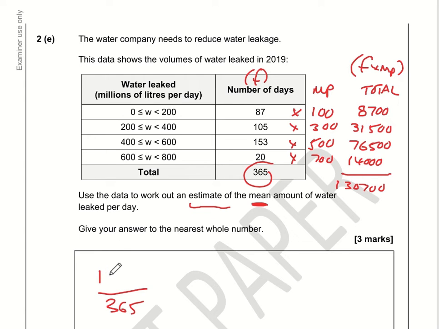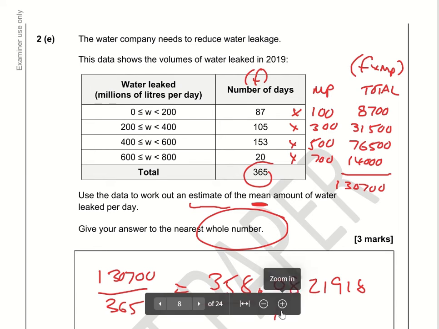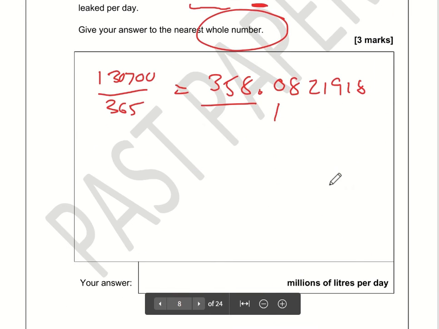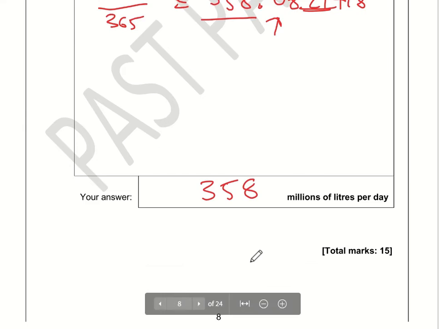So there's my calculation, 130,700 divided by 365, and that comes to 358.0821918. We want the nearest whole number, so we're interested in the first decimal place. Everything beyond that we can completely ignore. It's a 0, so that will round down to 358 millions of litres.